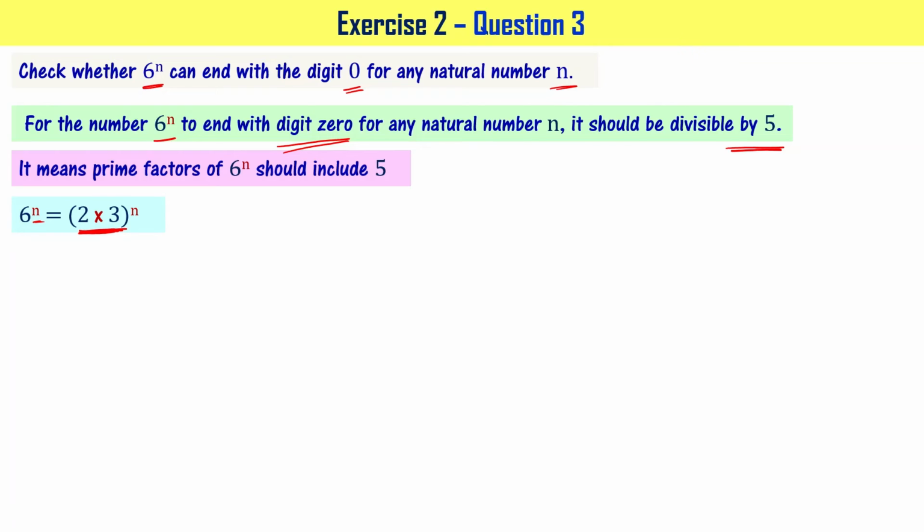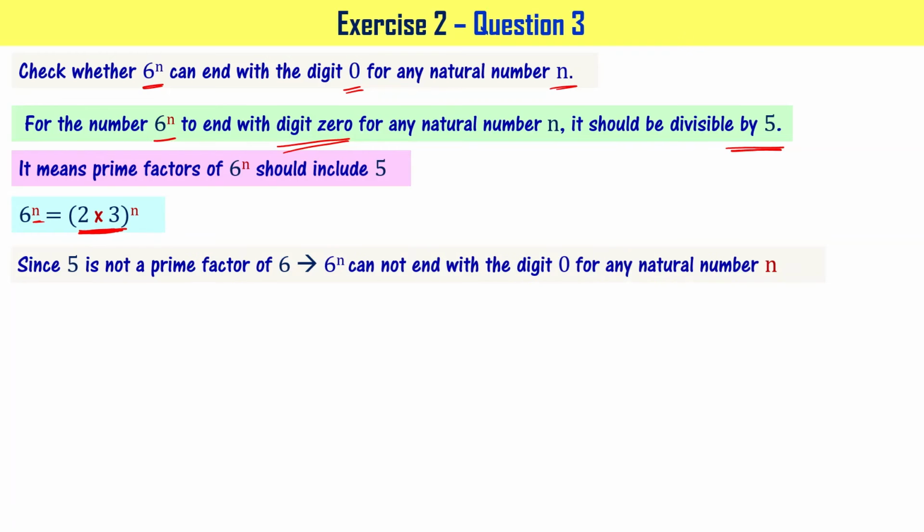Their order can be different, but the prime factors for a given number are unique, right? In this case, the prime factors for number 6 are 2 and 3, not 5. It means 6 power n will have 2 power n and 3 power n as the prime factors, not 5 power something. Since 5 is not a prime factor of 6, 6 power n cannot end with digit 0 for any natural number n.